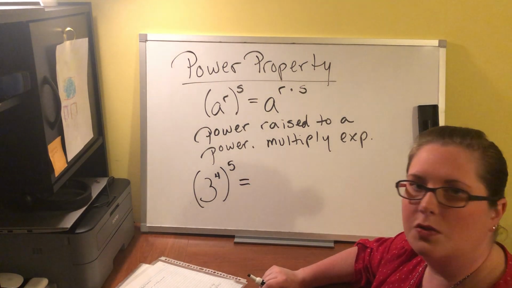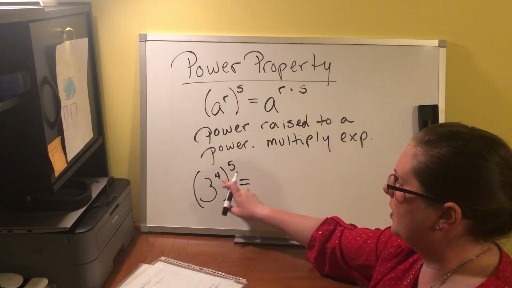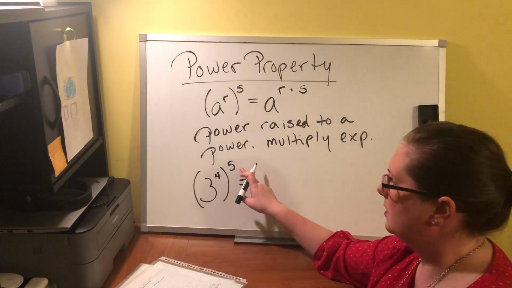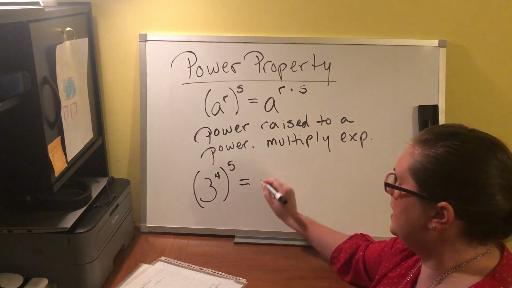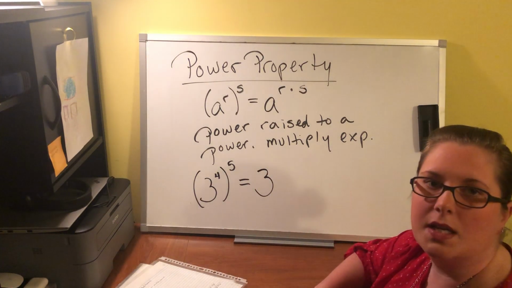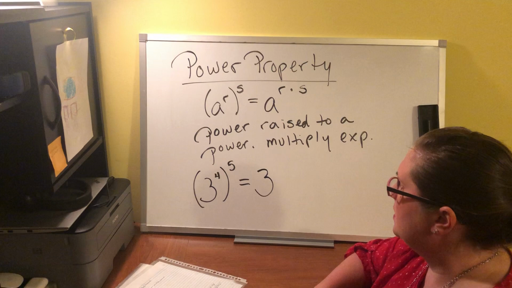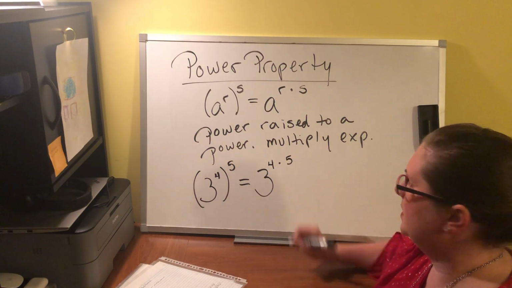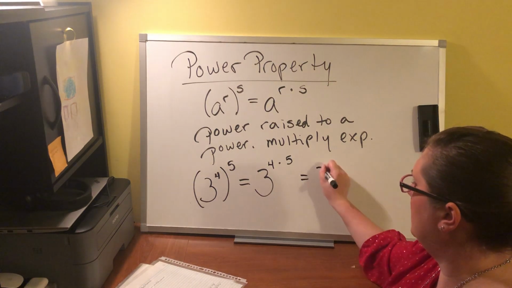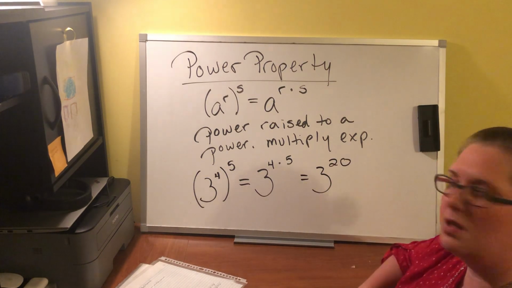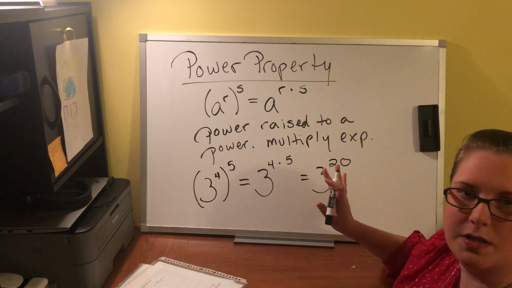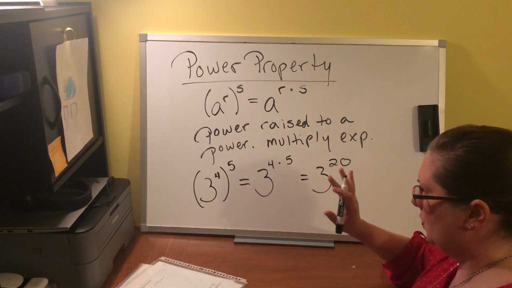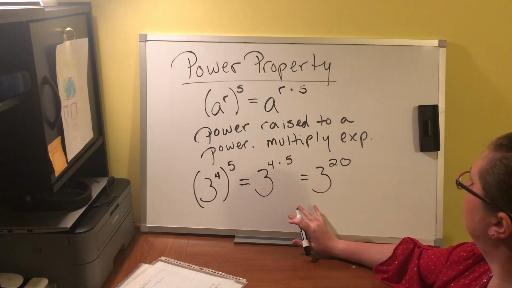So is this a power raised to a power? Yes, there's a power inside the parentheses and a power outside of the parentheses. So power raised to a power. You're going to keep the base, which is 3, keep that base, and then you're going to deal with multiplication. I have a power of 4 times a power of 5, okay? And then you're going to multiply. 3 to the 20th. That's it. That's your final answer, okay? So that's nothing too crazy.